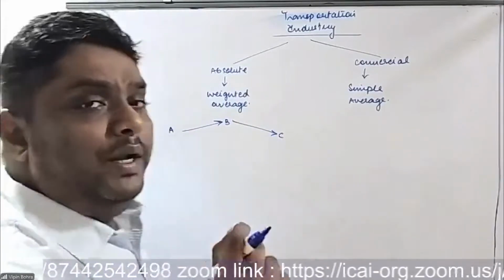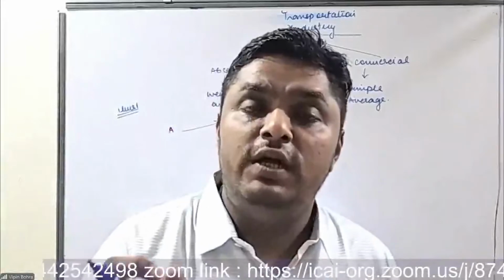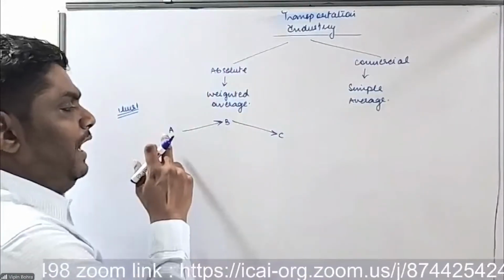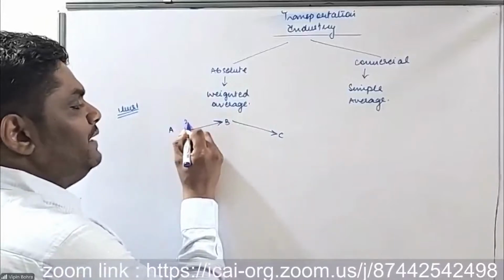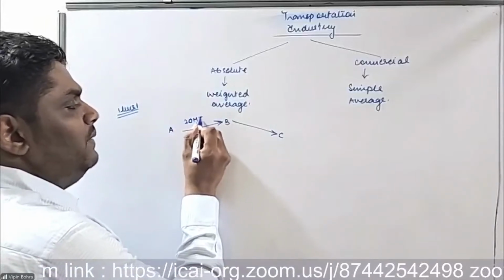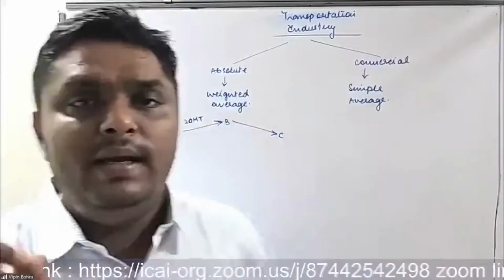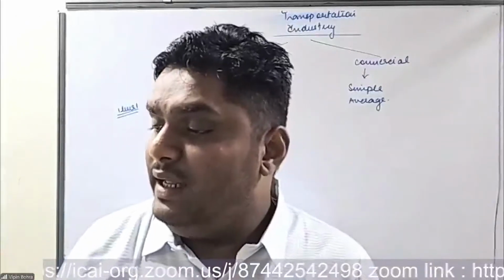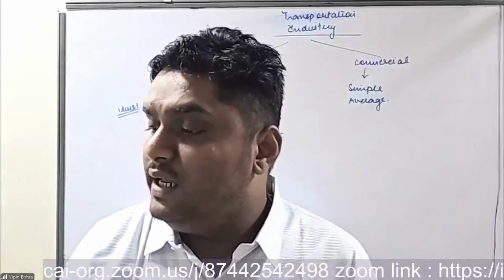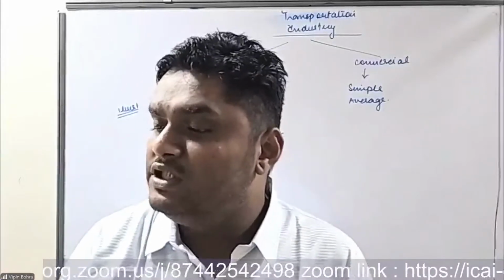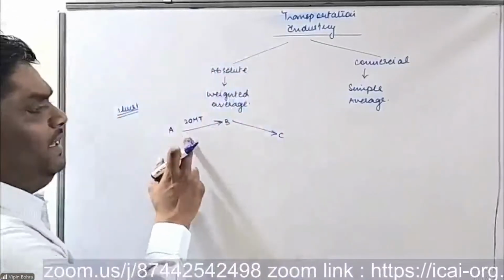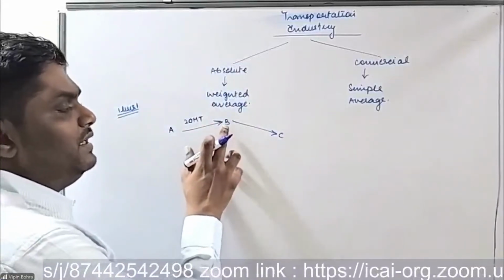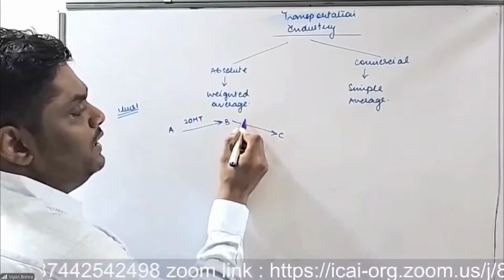It starts with 20 metric tons from station A, so at station A, 20 metric tons were loaded. From A to B, the metric tons traveled is how much? Total 20 metric tons traveled from A to B. But it is given that it unloads 8 metric tons at station B. So out of 20, 8 were unloaded at station B, and the total metric tons traveling from B to C is only 12.